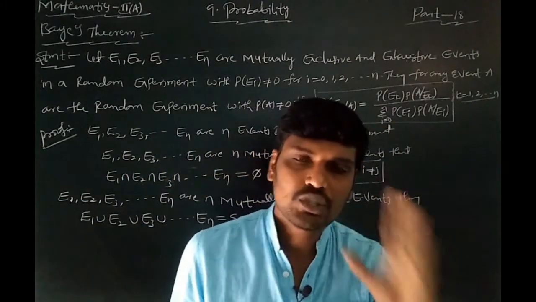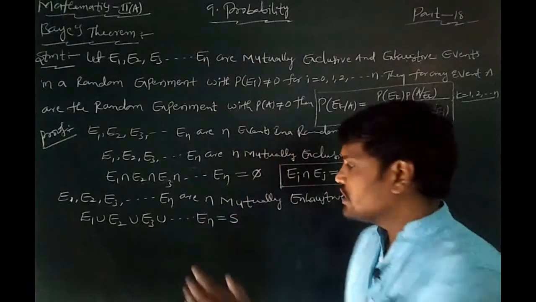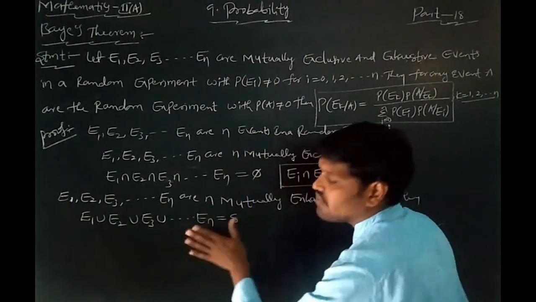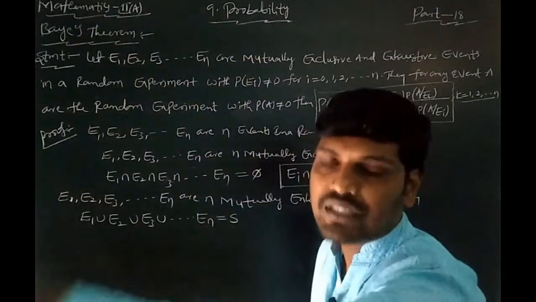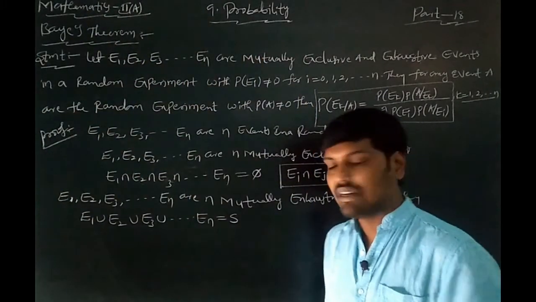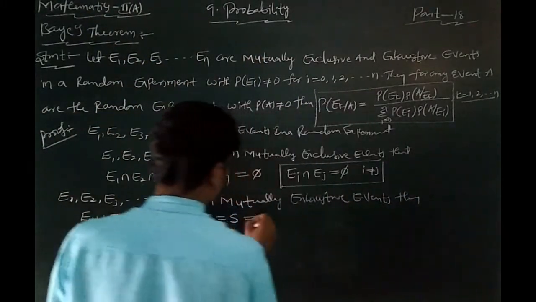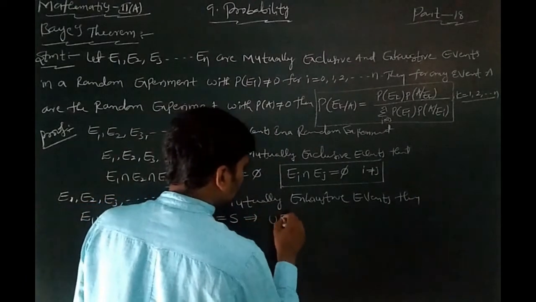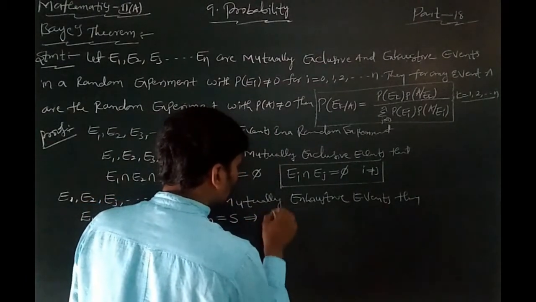Correct or not, students? The total combination of all events equal to the sample space is called exhaustive events. This can be written as the union of Ei, i equal to 1 to n.